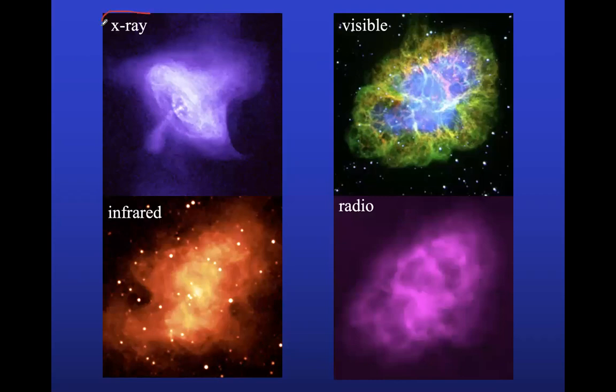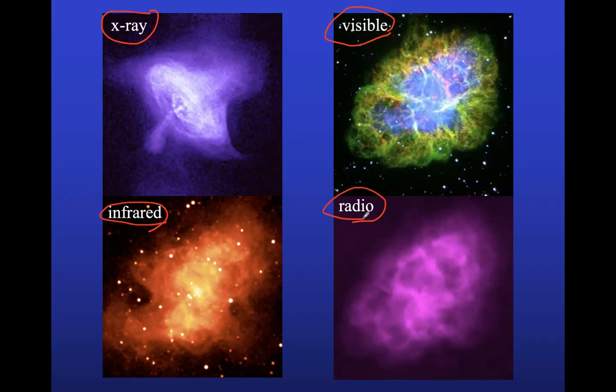Now this first one is the X-ray image of the Crab Nebula, and this is the same image taken from a visible telescope under visible light. So this is how it looks, right? It's completely different. And this is the same picture under infrared wavelength, and this is the same picture under radio wavelength.